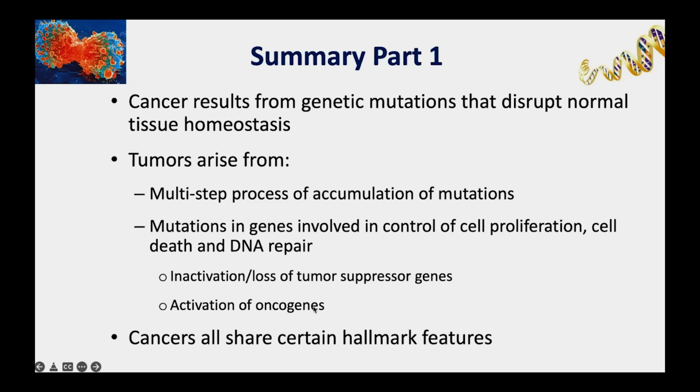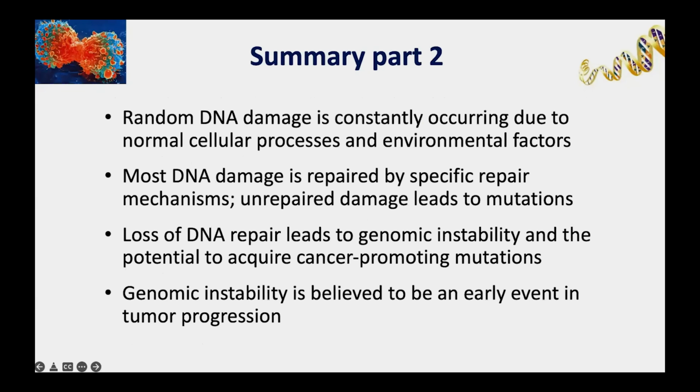Cancers, although they are a heterogeneous group of diseases, all share certain hallmark features. And we talked about how random DNA damage is constantly occurring due to normal cellular processes and environmental factors. Most DNA damage is repaired by specific repair mechanisms, but unrepaired damage leads to mutations that are maintained in our genome.